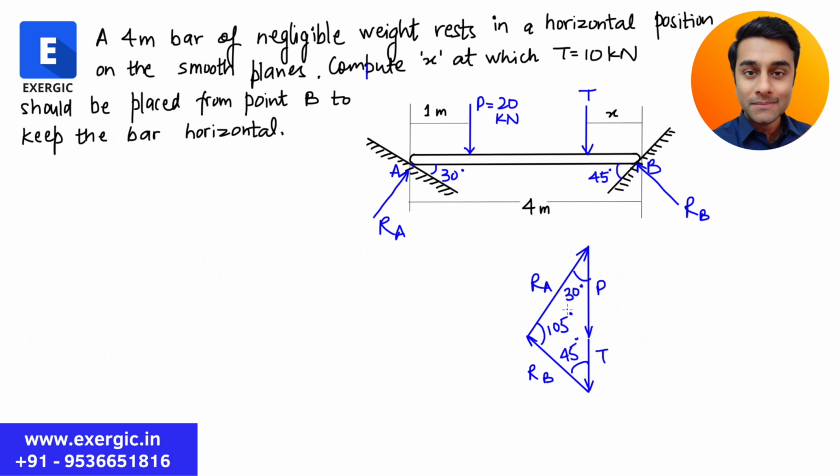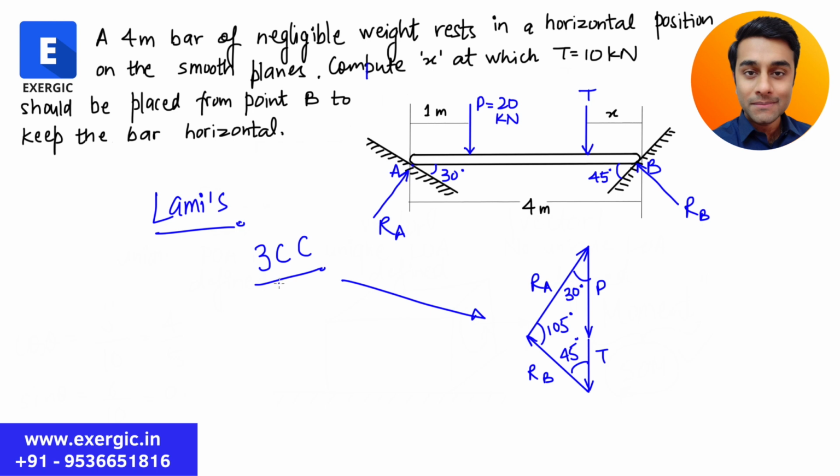And now we are going to apply the concept of force polygon, or you can say the concept of Lami's theorem, which we already covered. It is very interesting to see that although Lami's theorem is applicable for 3 concurrent coplanar forces, in this case also, when you have 4 forces, you can apply it.